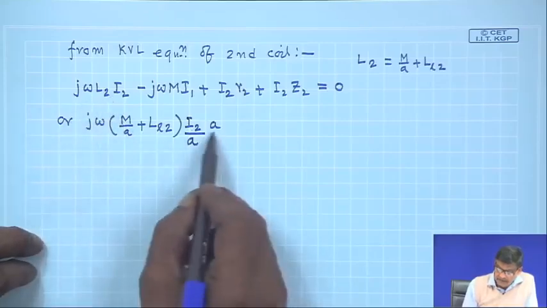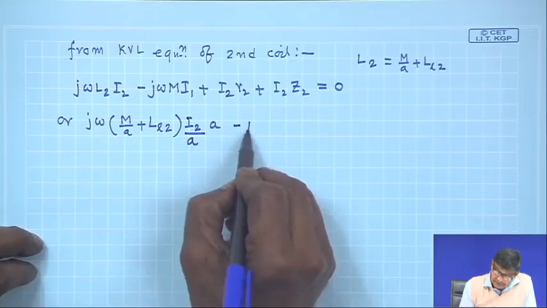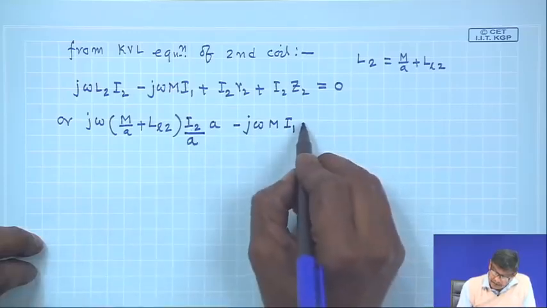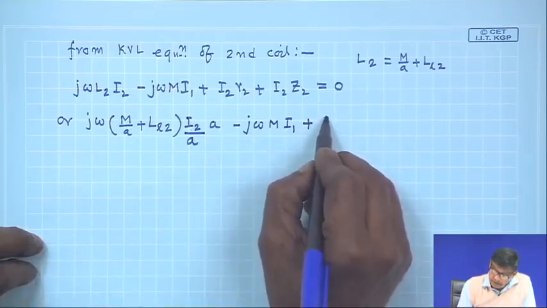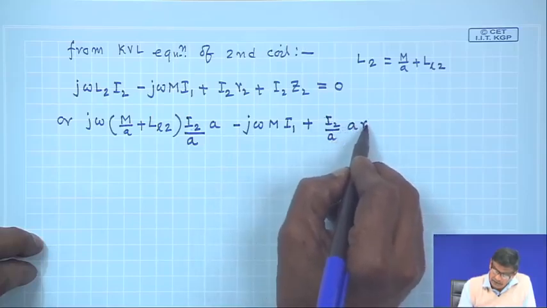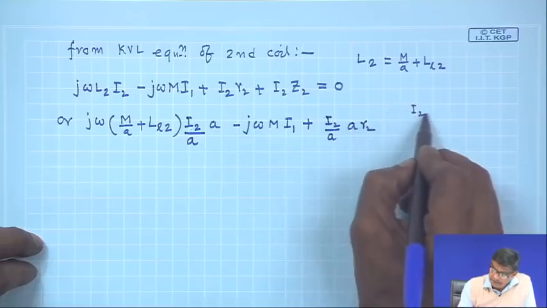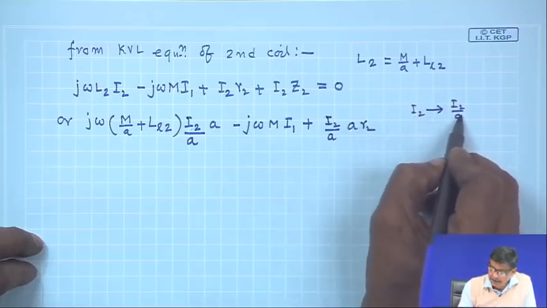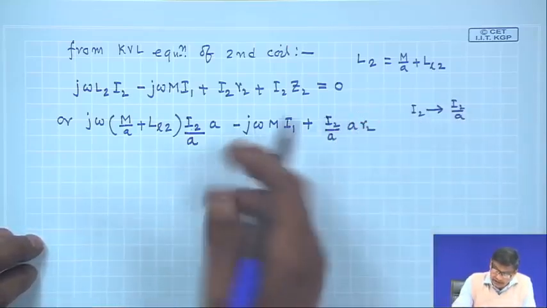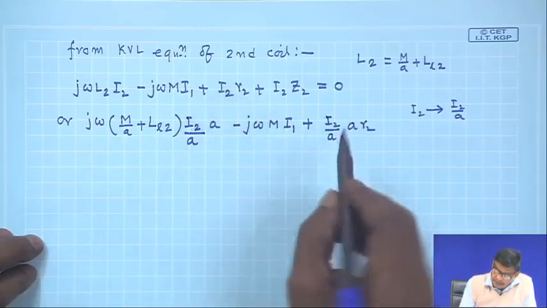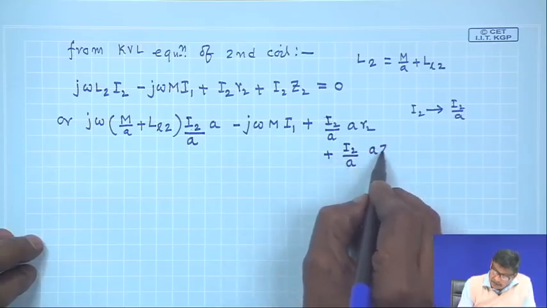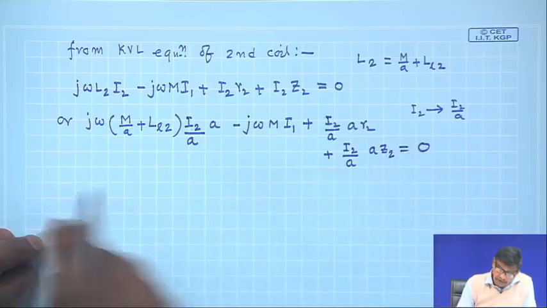So this term is this term, minus j omega M I 1, and then plus I 2, once again I 2 by a into a R 2. Wherever I 2 is there, modify it to I 2 by a, but you cannot just divide by a. If you divide, you have to multiply by a, that is exactly what I am doing. So this term is this term, plus I 2 by a into a Z 2, and this is equal to 0.